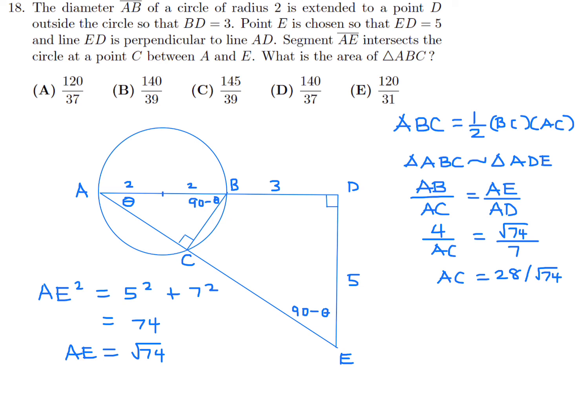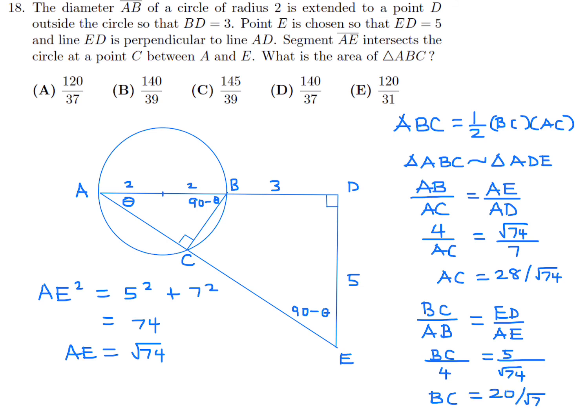In a very similar way, I can figure out BC using the same two similar triangles. BC over AB is ED over AE. We know AB is 4, ED is 5, AE is root 74, so BC is 20 over root 74.